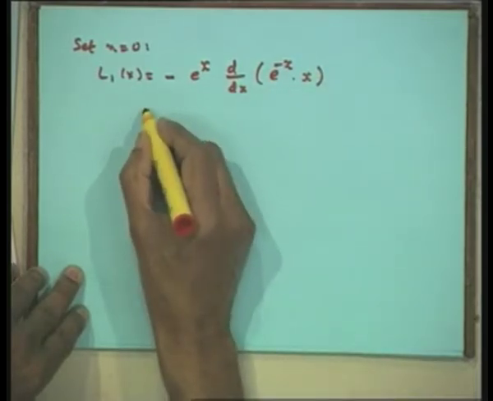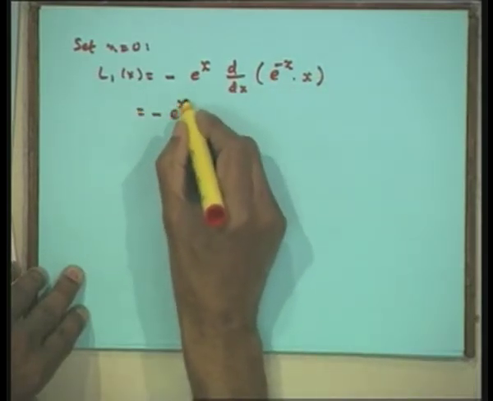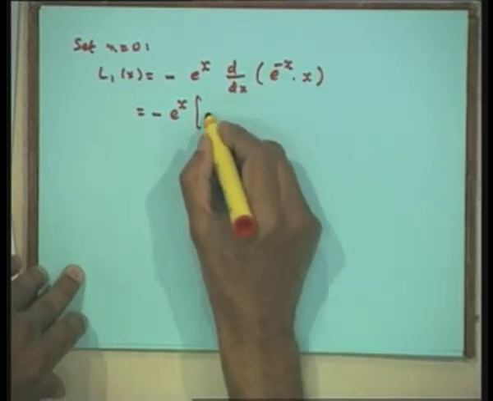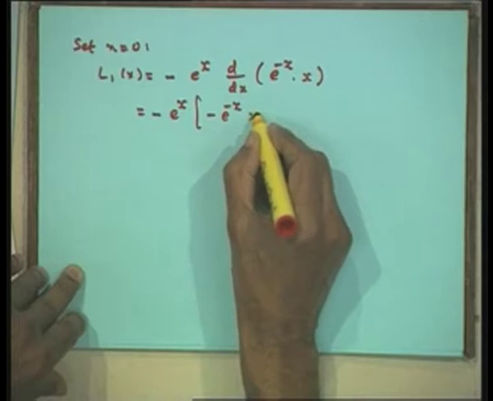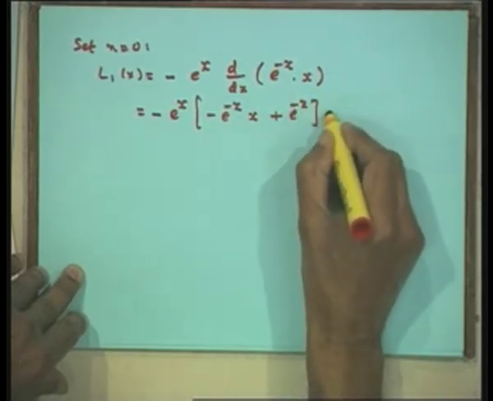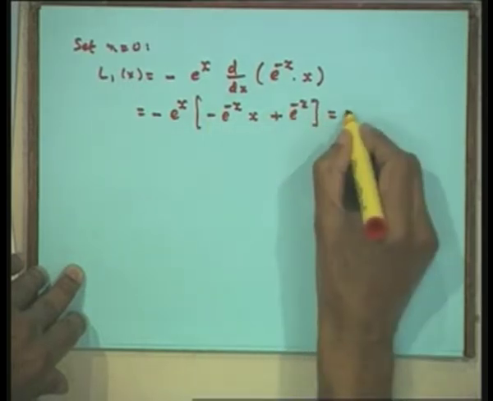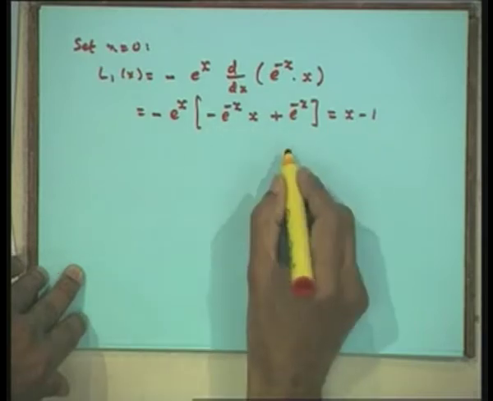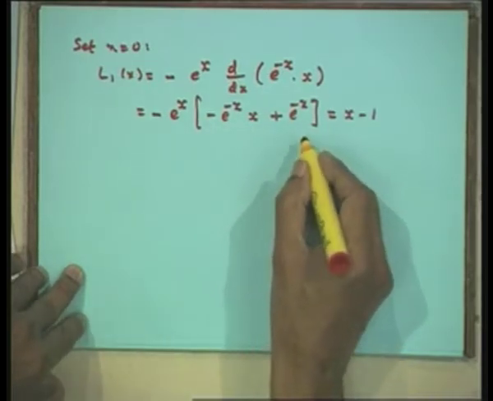Now, it is a product of two functions, so I can differentiate it and get minus e to the power of x times minus e to the power of minus x into x plus e to the power of minus x. That will be equal to x minus 1, as I have absorbed the minus sign inside. This gives me the first Laguerre polynomial.